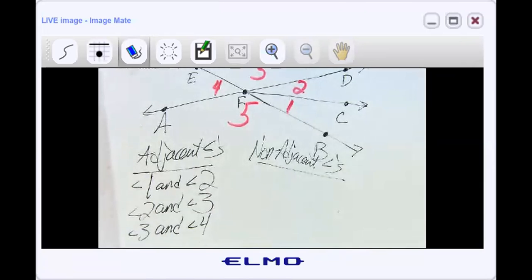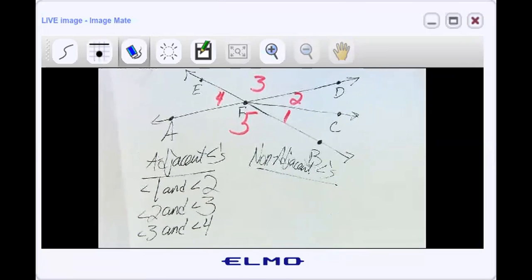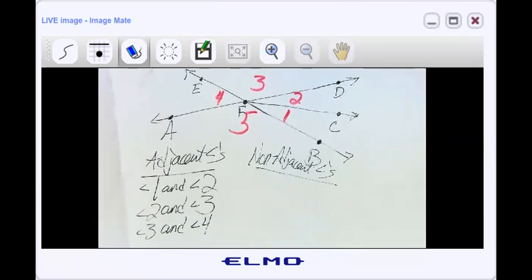Okay, so I hope you get the idea of ones that are adjacent angles. Now let me talk to you about ones that are not. Or let me ask you this. Does anybody have a pair that they think are not adjacent? 5 and 3.